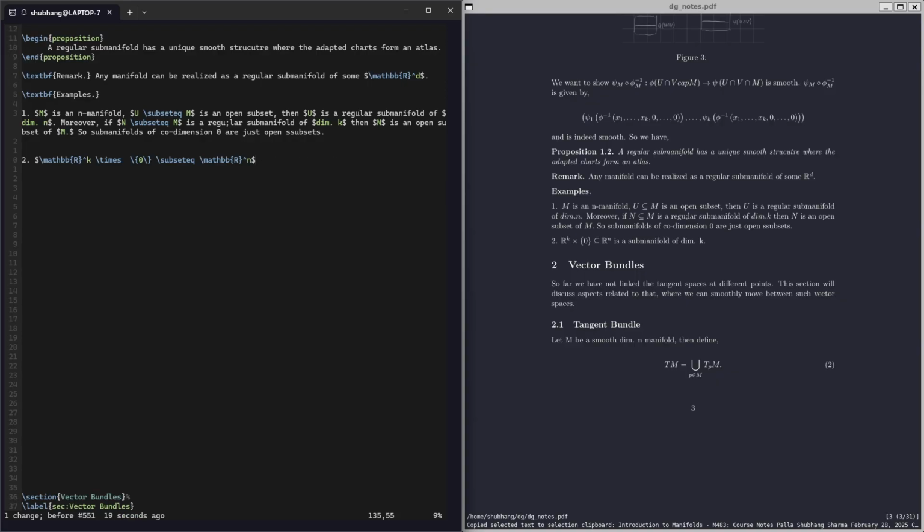Then we have, now consider, the set of -1, 1, which is a submanifold of R^2 of dimension 1.